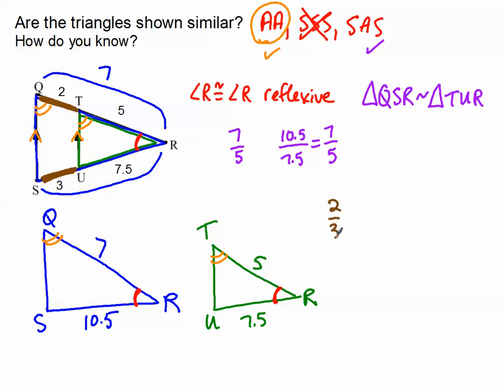So 2/3. 2/3 does not reduce to the scale factor of 7/5. Remember, when we match up the corresponding sides, that gives us the scale factor, and 2/3 is not equivalent to that scale factor. But it shouldn't necessarily be because it's not a side of a triangle, it's a piece of a side. We did the piece that's on the left with the piece that's on the left, going from top to bottom.